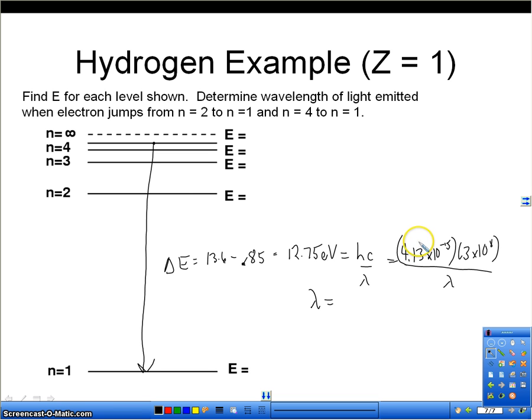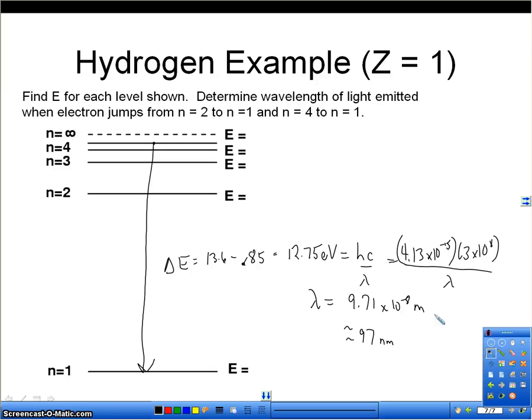And that's going to give me 9.71 times 10 to the minus 8 meters, which is about 97 nanometers, I believe. So that again is not something we're going to be able to see.